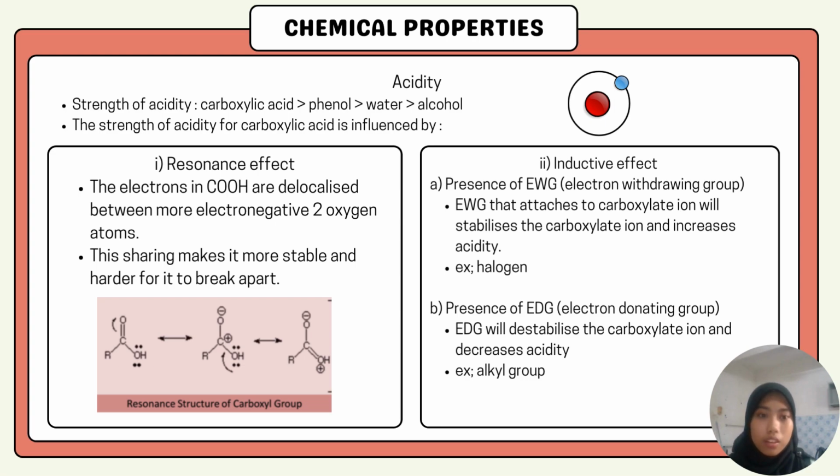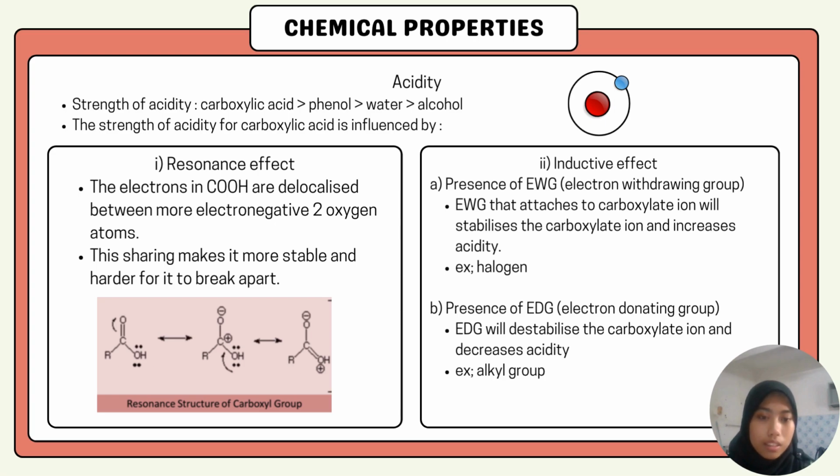And inductive effect is influenced by two other factors, which is the presence of EWG and EDG. So the first one is the presence of EWG. EWG is actually electron withdrawing groups. So these groups will stabilize the carboxylate ion and increase the acidity by attaching itself to the carboxylate ion.